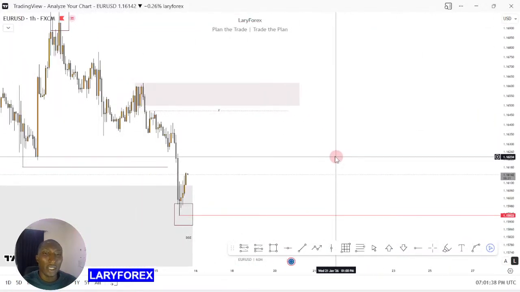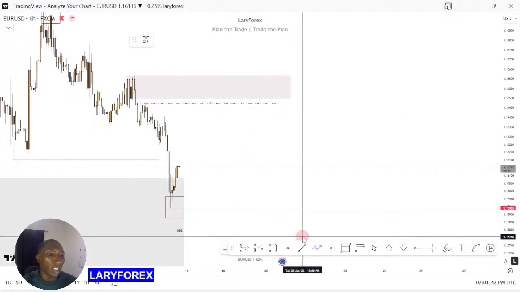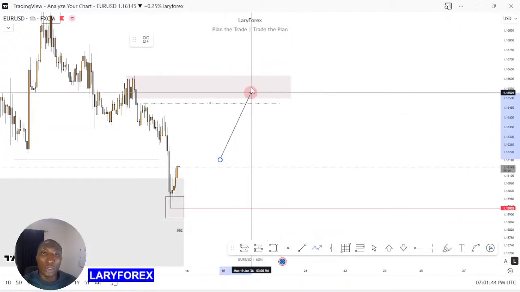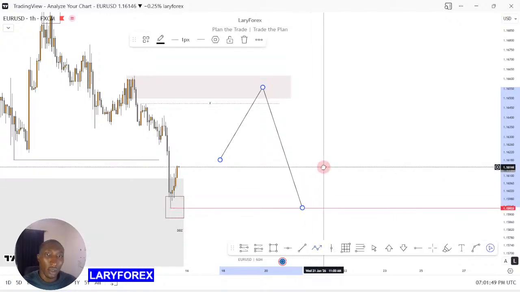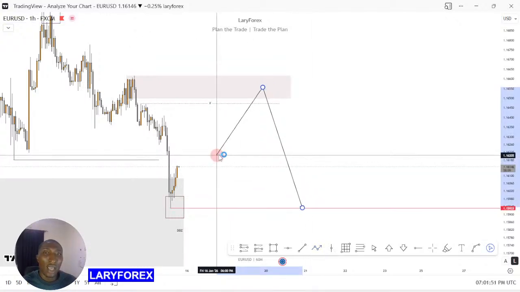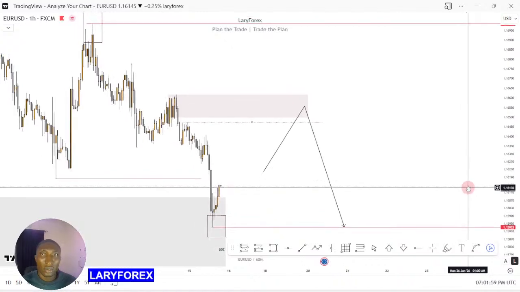So what are we anticipating? We are anticipating that price will come into this supply and then sell to our point B. Are you guys following? As you can see, price is still making its way up to this supply here. Do you guys understand?